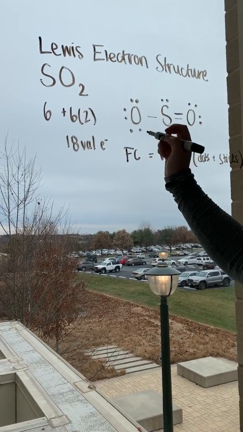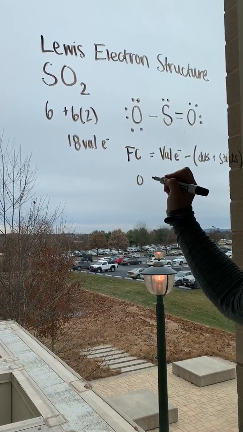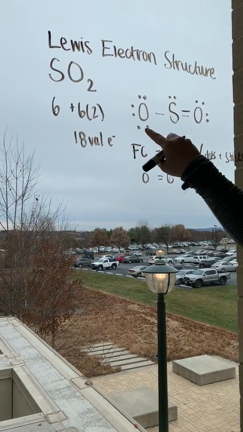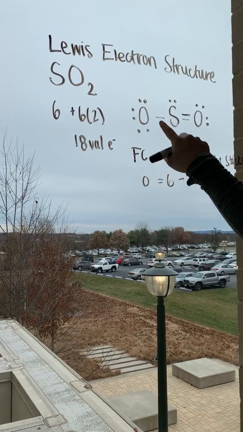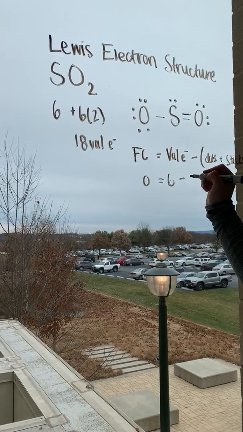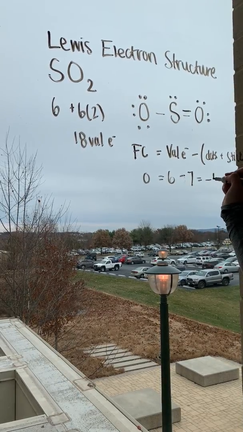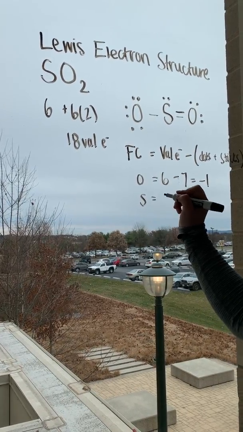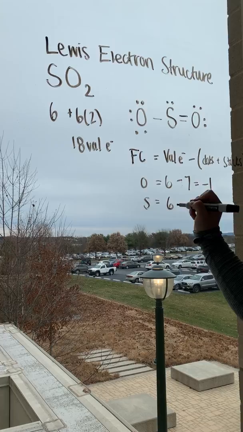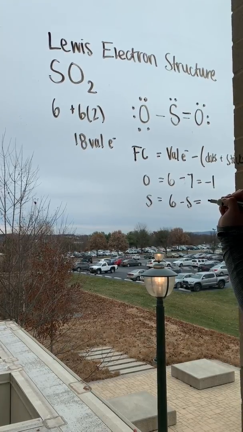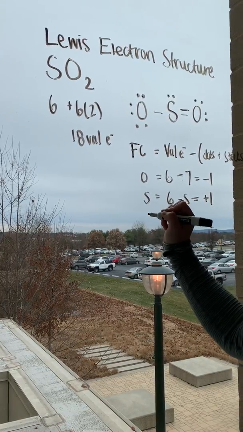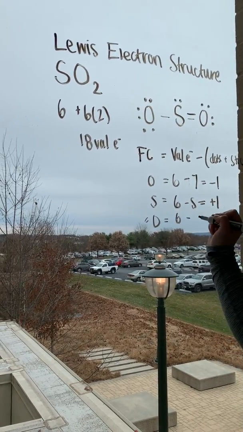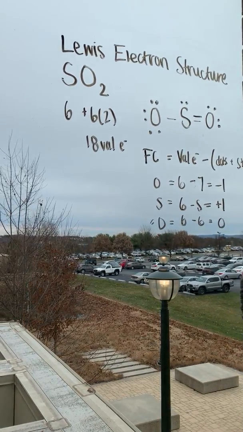So for the single bonded oxygen, there's going to be 6 valence electrons, and then there are 6 dots and 1 stick, so we're going to subtract 7, so that's going to be a -1 formal charge. Then our sulfur is going to be 6, and then we have 5, so that's going to be a +1 formal charge. And our double bonded oxygen is going to have 6 valence electrons minus 6, which is going to be a formal charge of 0.